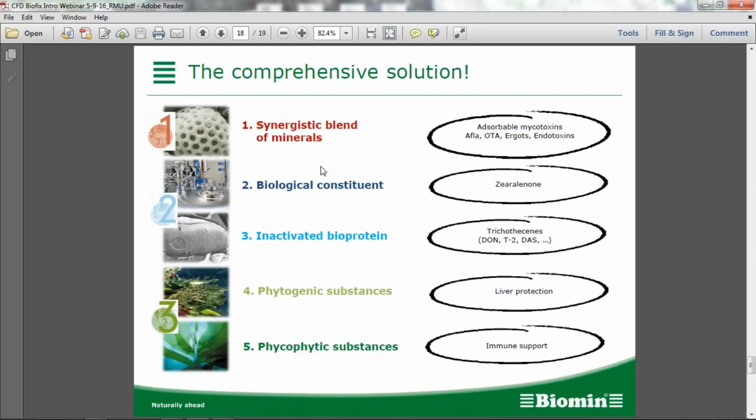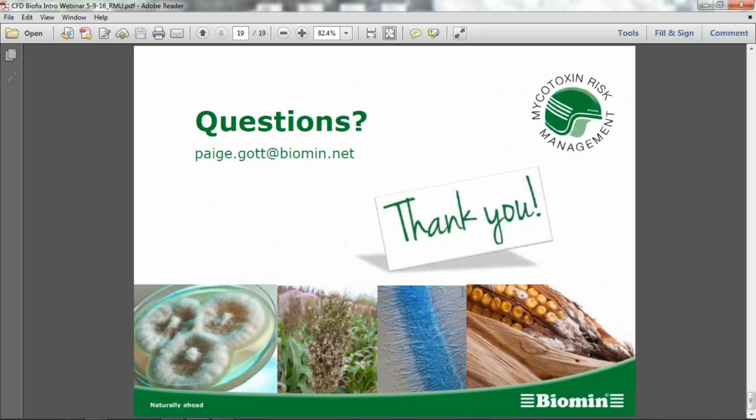Biotransformation, so physically altering the chemical structure of the toxins, rendering them inactive in the animal, and then also providing ingredients that can help support that animal that's under challenge and help boost their immune system. So the best way would be to combine those 3 ways to work against toxins and help support the animal.